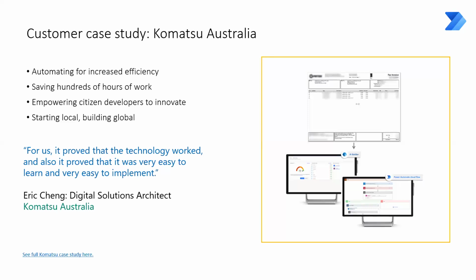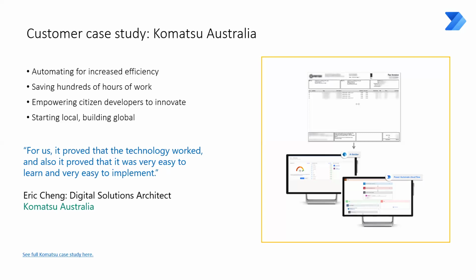With the help of desktop flow, they could mimic the on-screen actions that the customer service associates perform manually, using robotic process automation. So this is what Komatsu Australia has achieved with the help of Power Automate and the Power Platform capabilities.